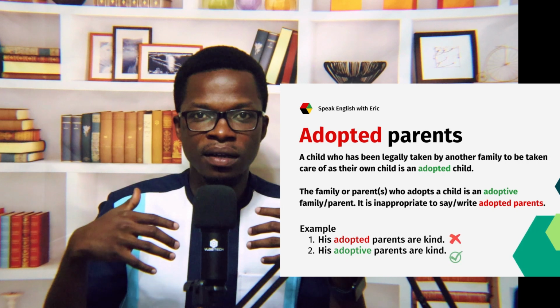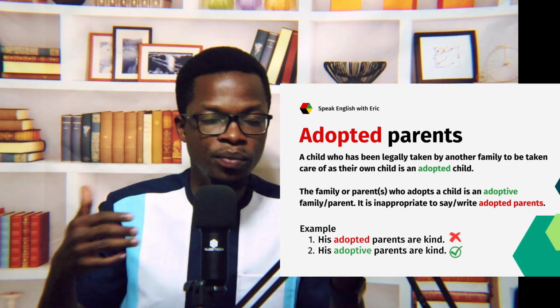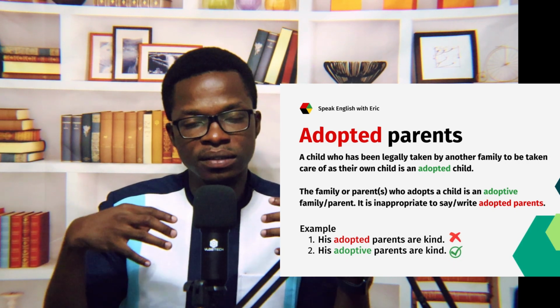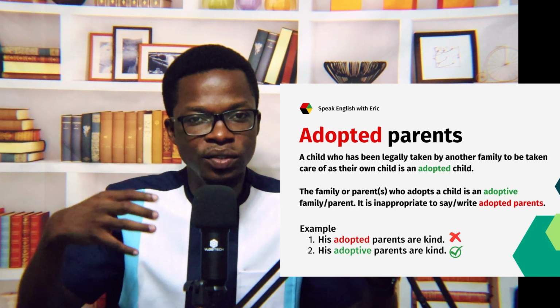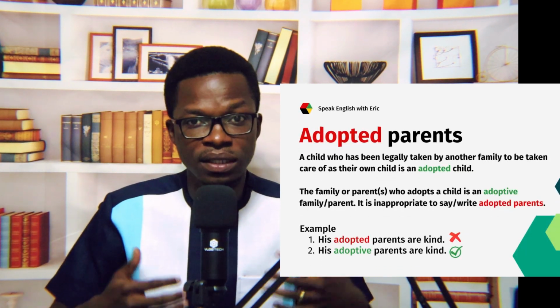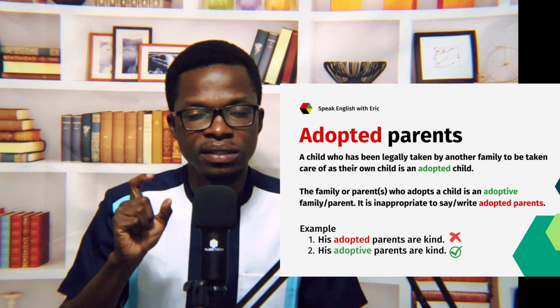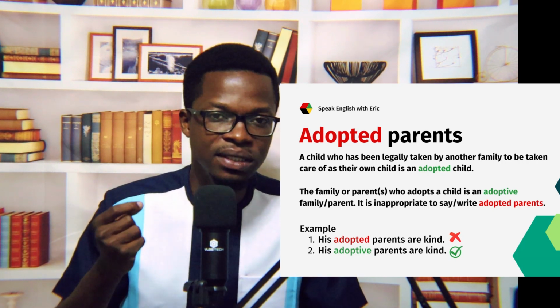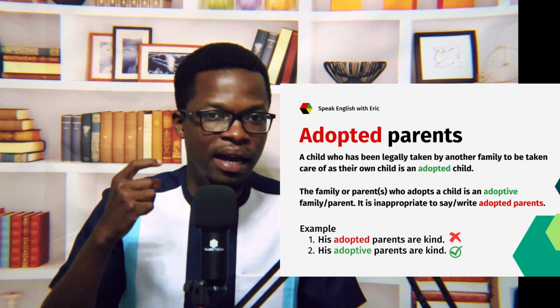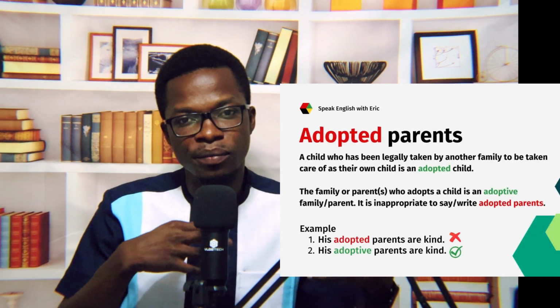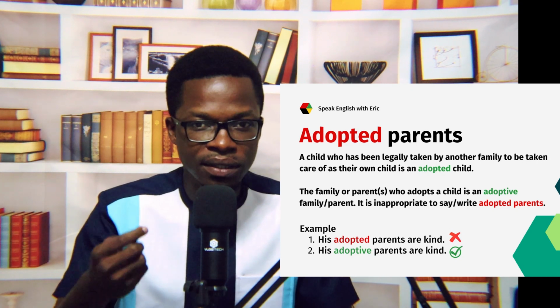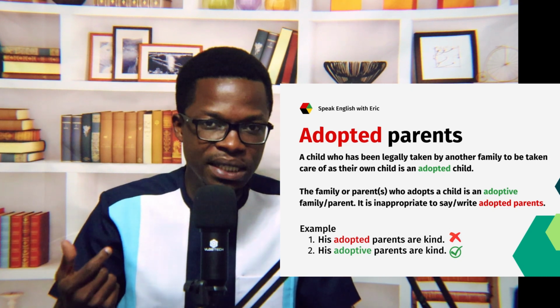It could be an orphanage, or it could be from any place, but the person is legally taken into a family to be taken care of as a child of that family. So that child is an adopted child. An adopted child, right? The family or the parents who adopt this child is an adoptive family.